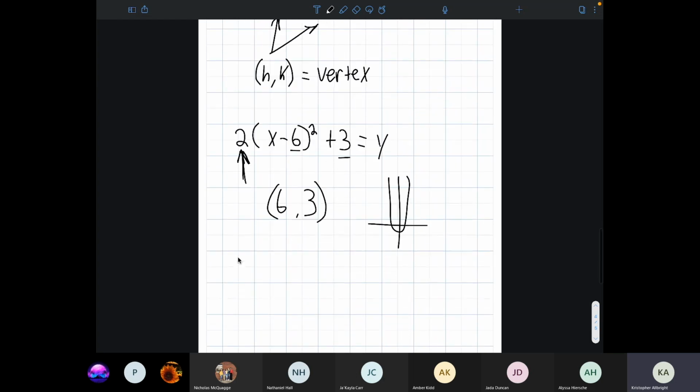You'll see why I'm saying it like that in just a minute. But for right now, if it's bigger than 1, you know that your graph is becoming skinnier. It's not going to be as wide. If we have a fraction here, so 1/2, your graph is becoming wider. This is called a vertical stretch.